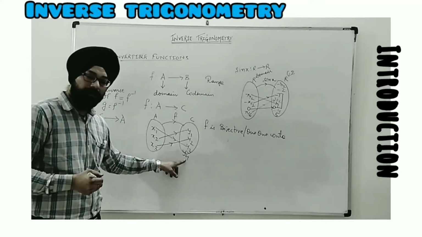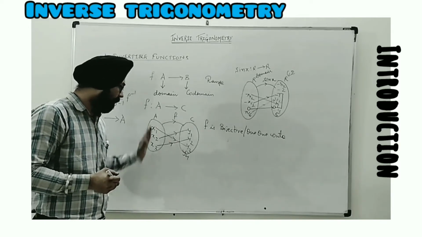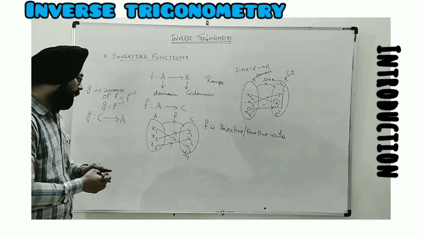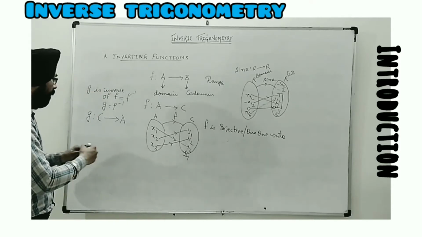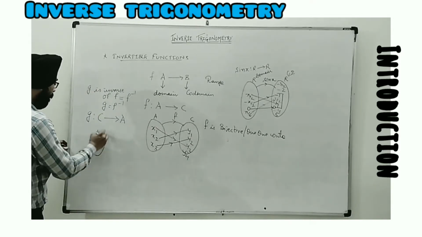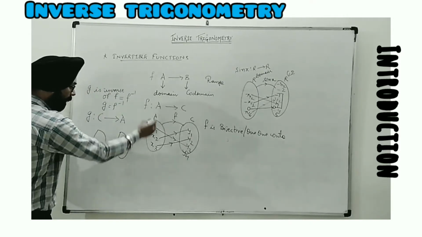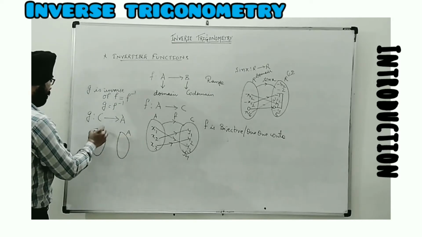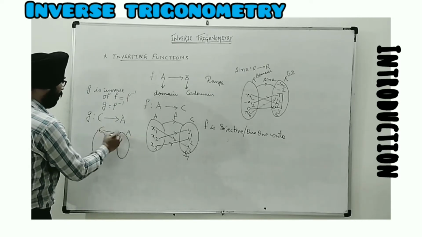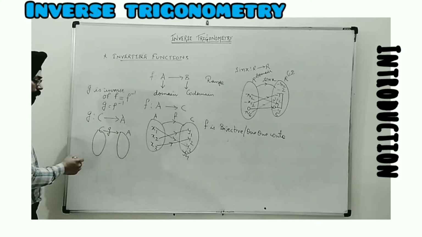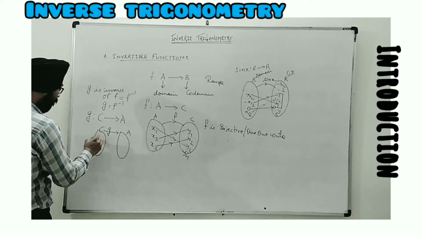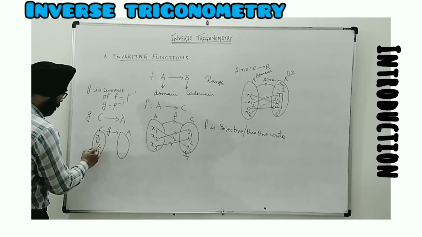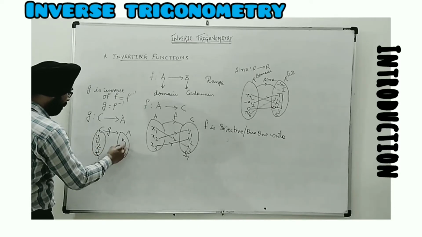Here there can be an element that does not become the image of anything. In that case, if I write this in reverse order, with C as the domain of g and A as the range of g, you find one thing. Y1, y2, y3, y4, and x1, x2, x3.